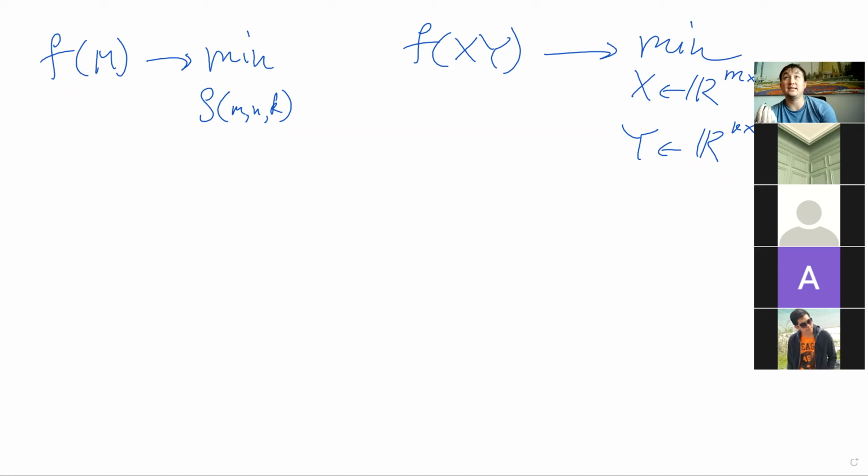What happens in that case? By the way, let me ask you: who can tell me what is the problem with this? Instead of optimizing the function of the matrix M, whose rank is not greater than k, we are optimizing the function of the product of two matrices. But now X and Y are unconstrained.